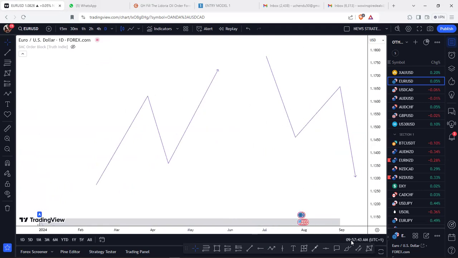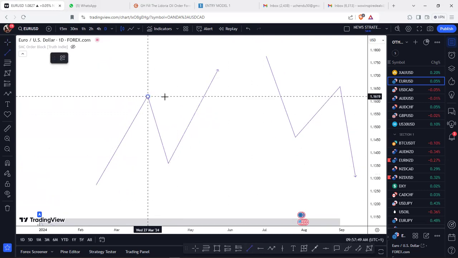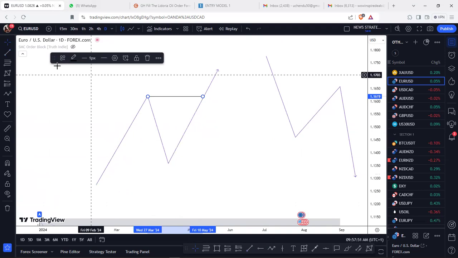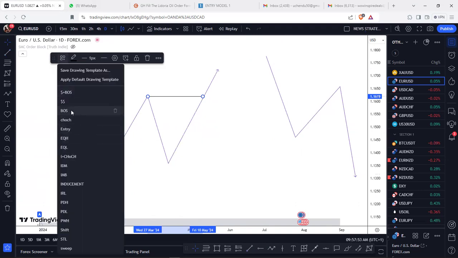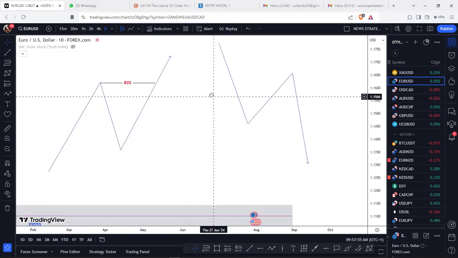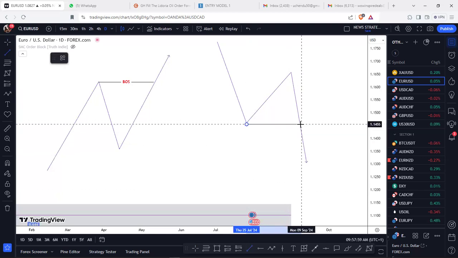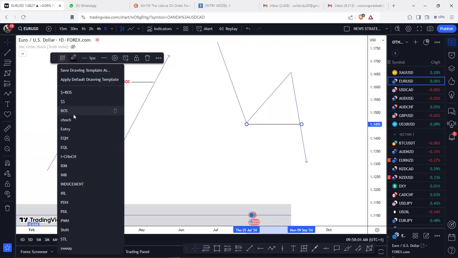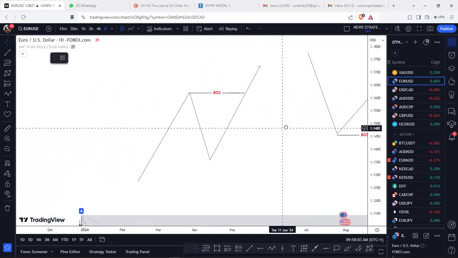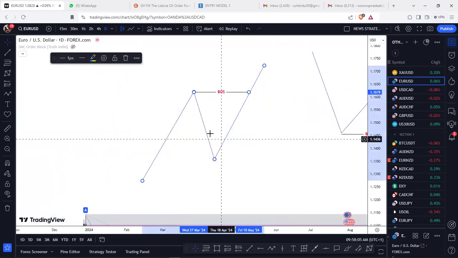Now, once you get this type of structure, it's obvious that this is a breakout structure. We have a breakout structure in a bullish environment and in a bearish environment. Now let's discuss this one.